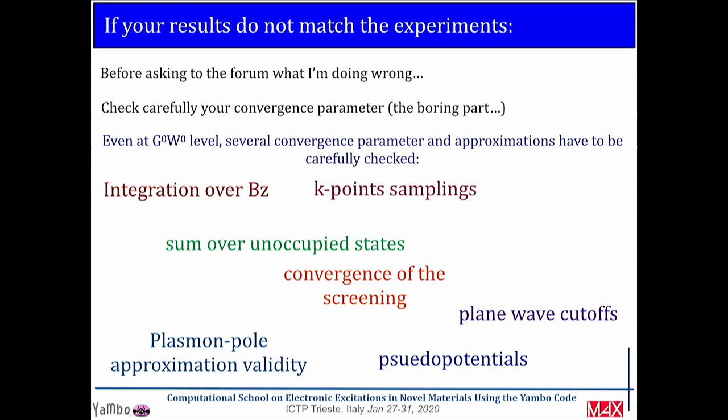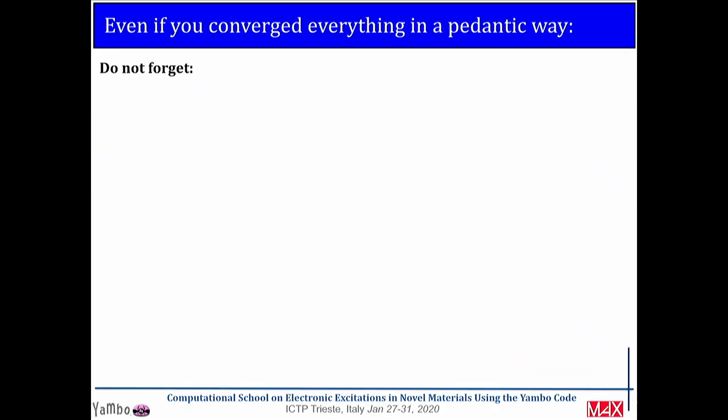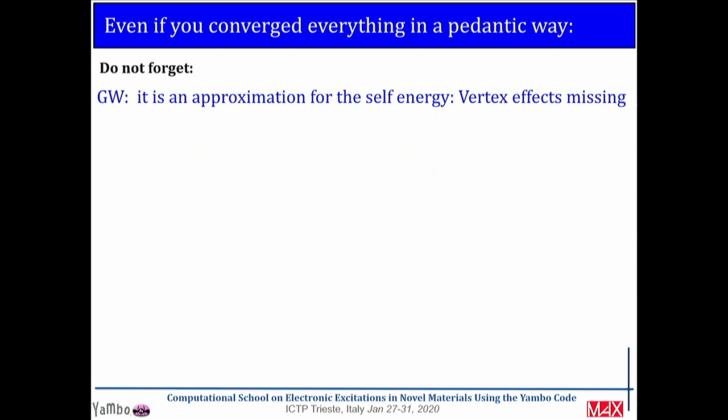So if your system needs to treat explicitly semi-core states, this has an impact on the calculation of the quasi-particle energy. So don't forget that GW is an approximation, so it's not the final story. This was already mentioned by Andrea before.